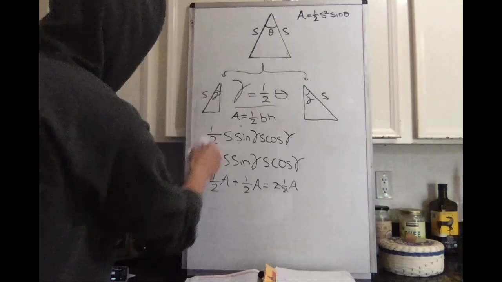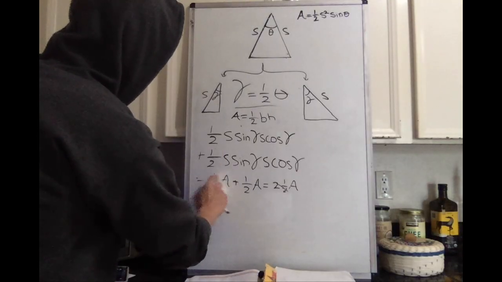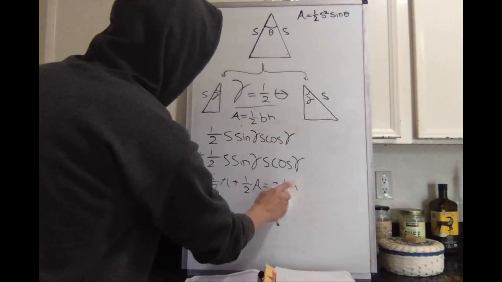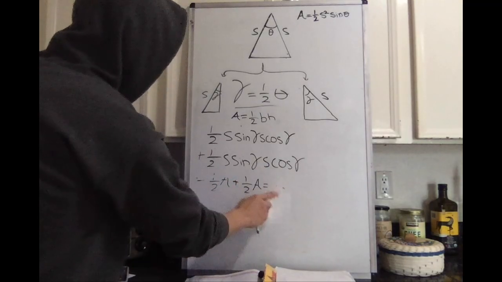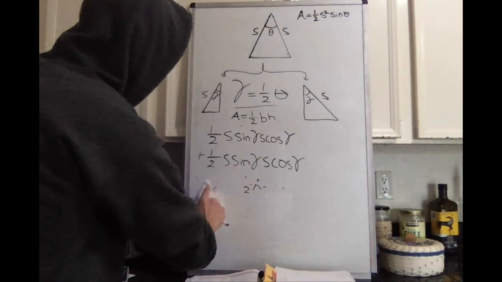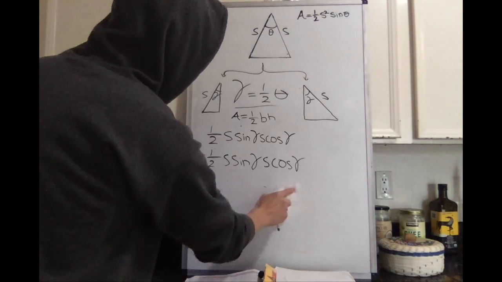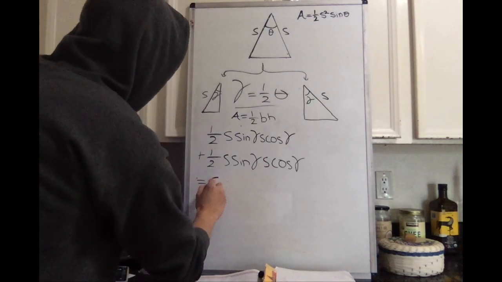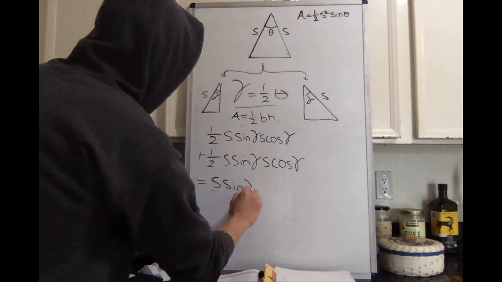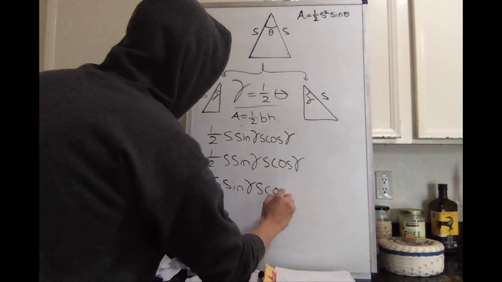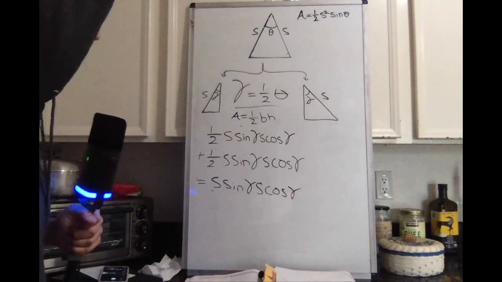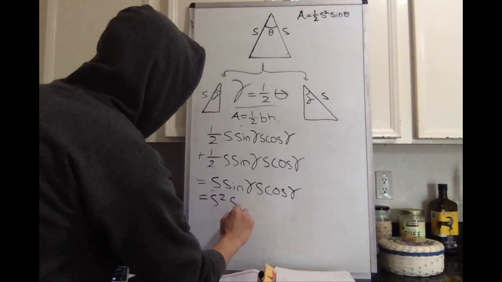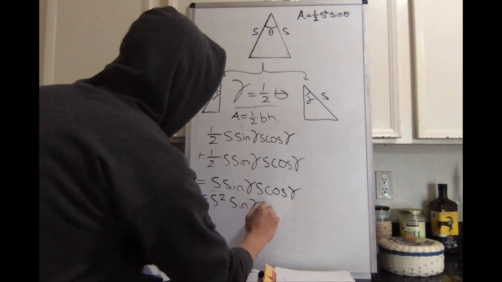So you're just left with s sine gamma times s cosine gamma. The 1/2 goes away. We can say s squared sine gamma cosine gamma.